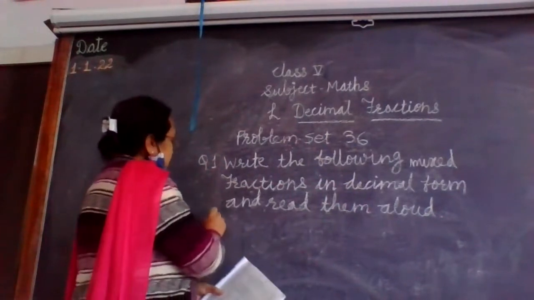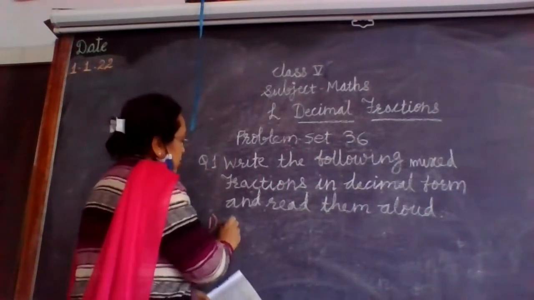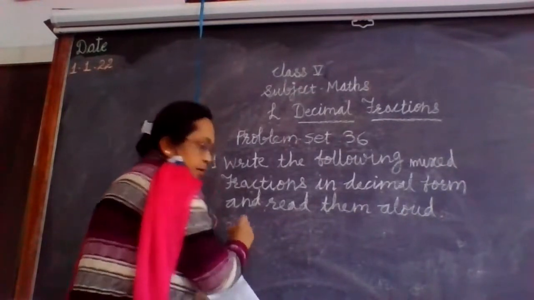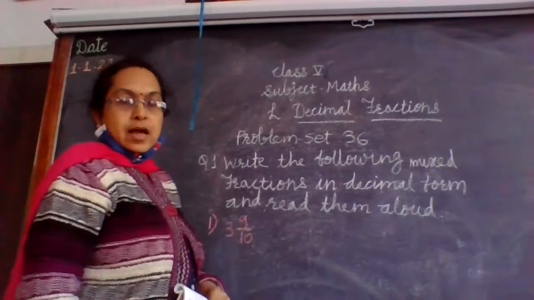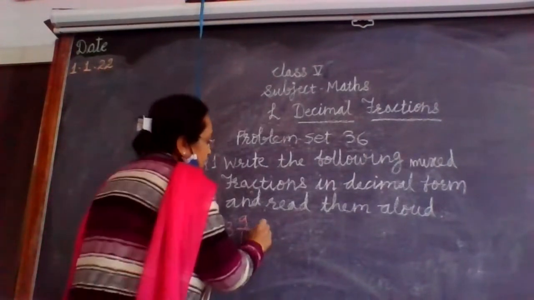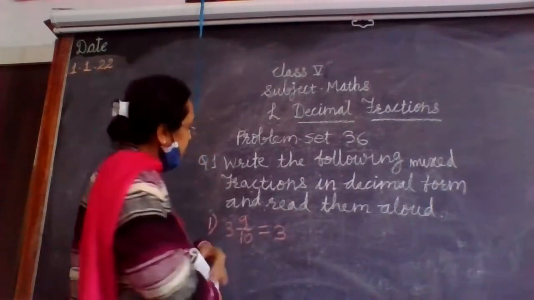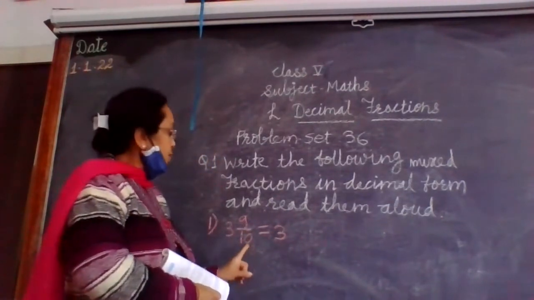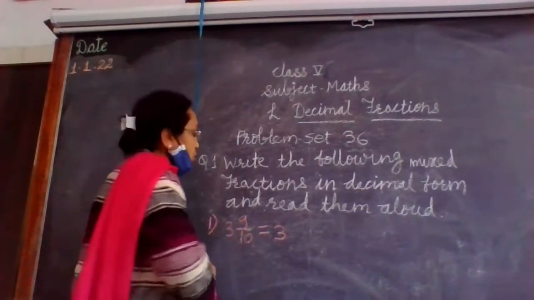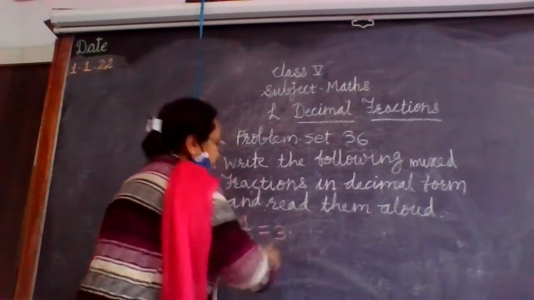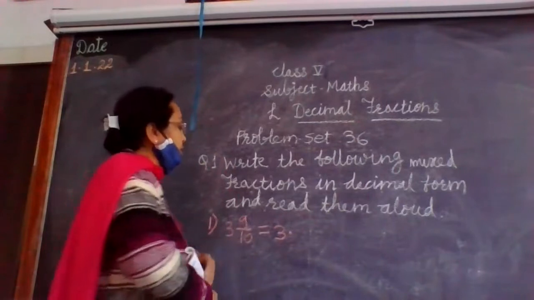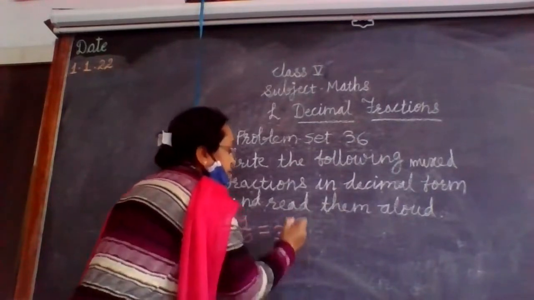Now, first is 3 whole 9/10. In this 3 is the whole part and how to convert 9/10? 10 means one decimal place. So we will put the decimal point after that and only one place in the decimal part, which means it is 0.9.